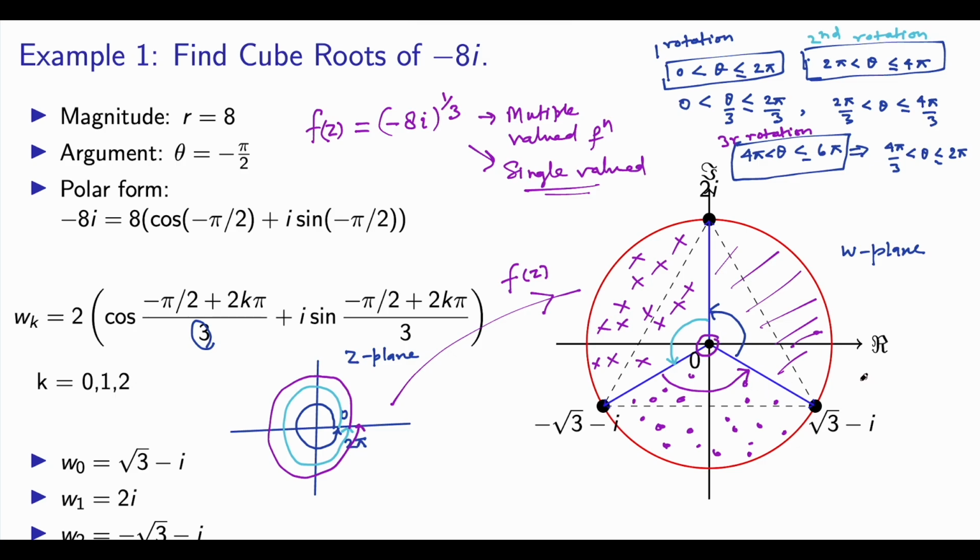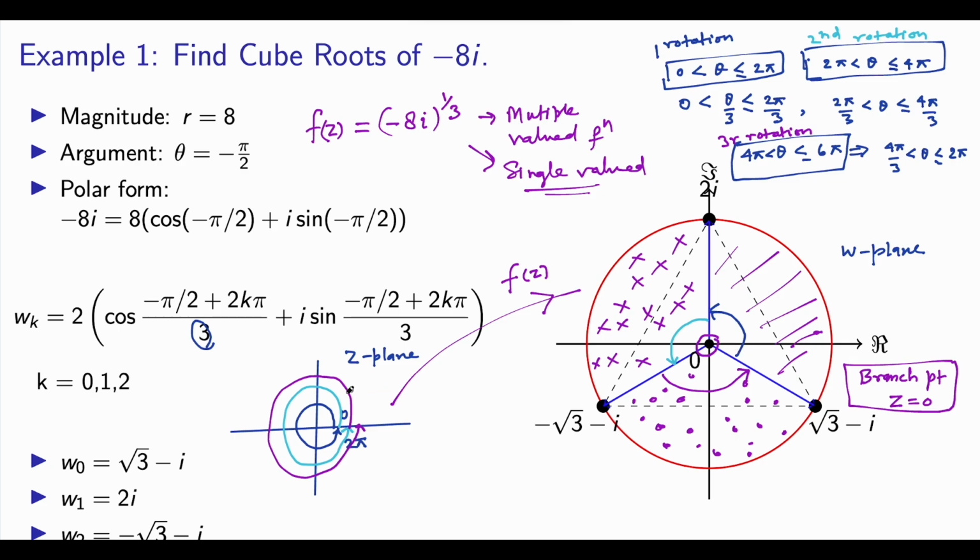This point 0 is the branch point. The branch point is z equal to 0, right? We will discuss this later when we talk about singularities, and we will see how the branch point and branch cut are treated.